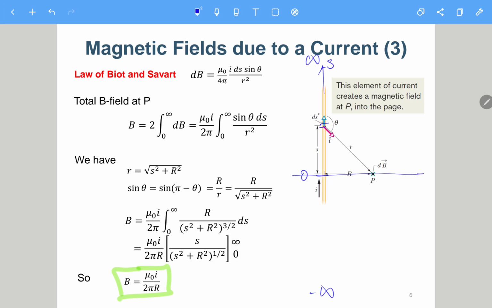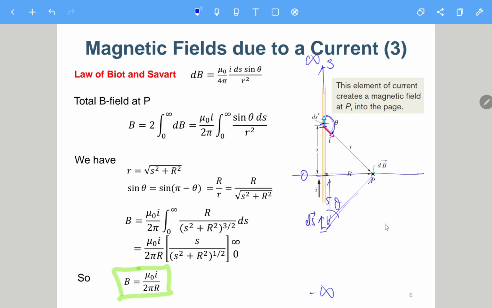For example, if this is ds and this is ds, they will contribute the same thing, because this s and this s are the same, so this r and this r are the same. This theta is the angle between ds and r, so this angle and this angle are the same.